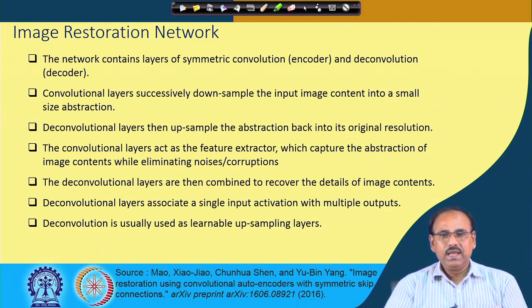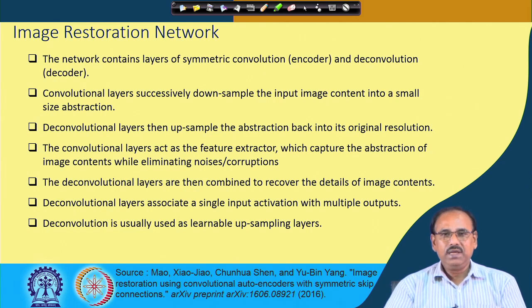So, the convolution layer acts as the feature extractor, and while it tries to extract the features, in the process it eliminates the noise or the corruptions which are present within the input image.